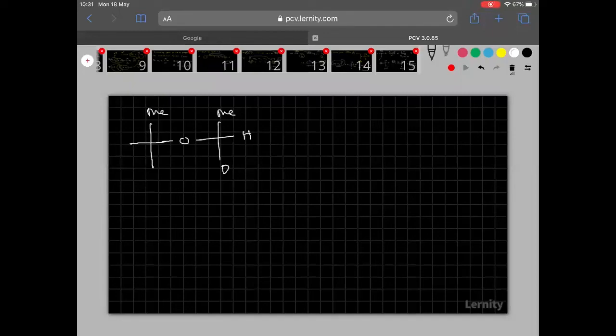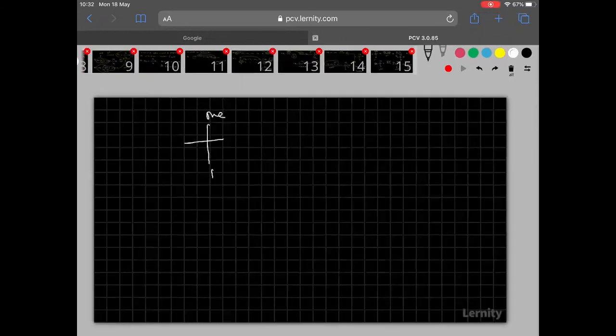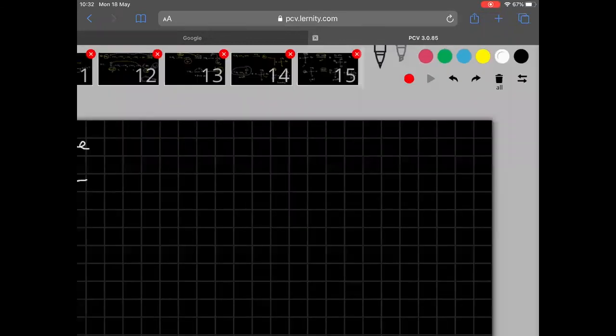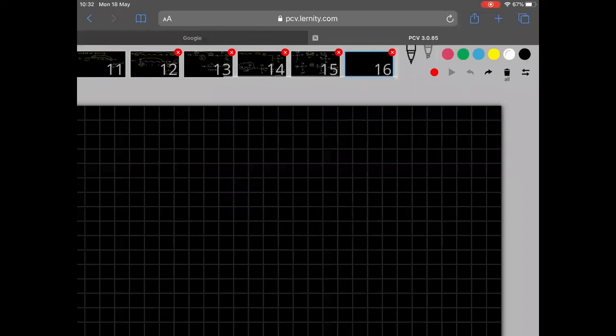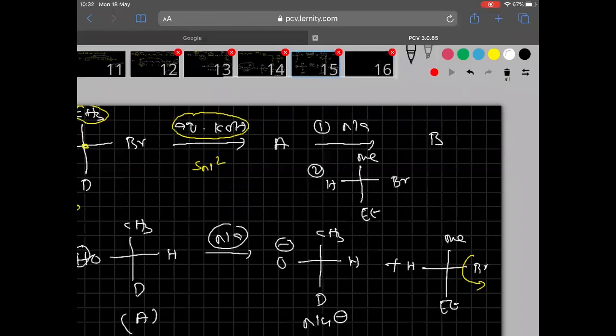I will do one thing to make you understand well. I will explain in this way so that it will be clear to you. So here, in the previous slide, what reactants are there, I will write in the next slide so that we can understand clearly. So now see clearly what things are left over with us.